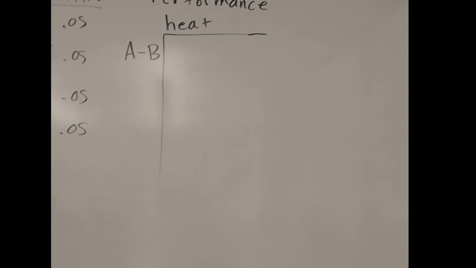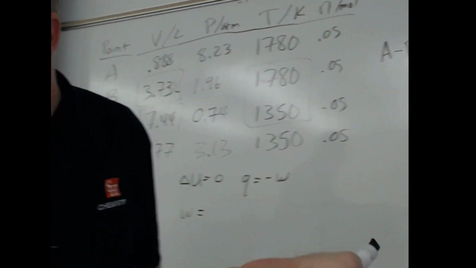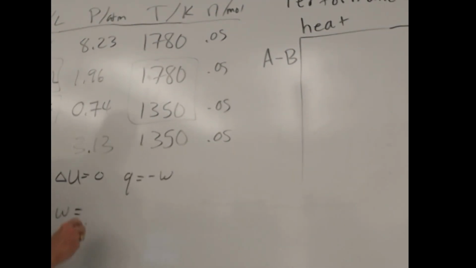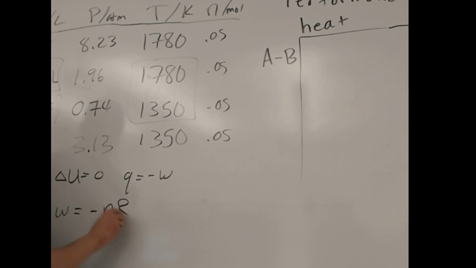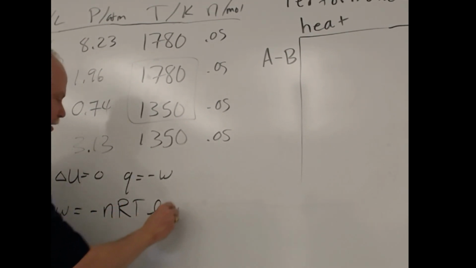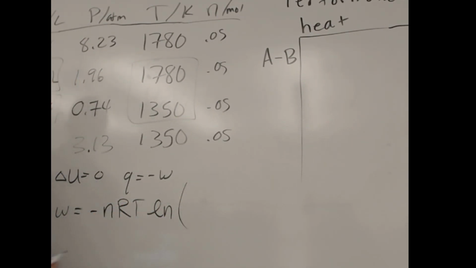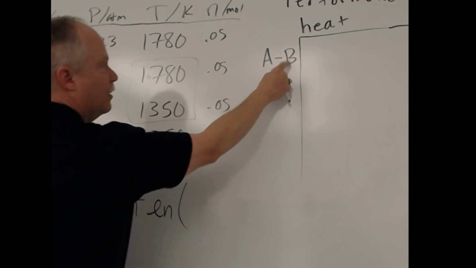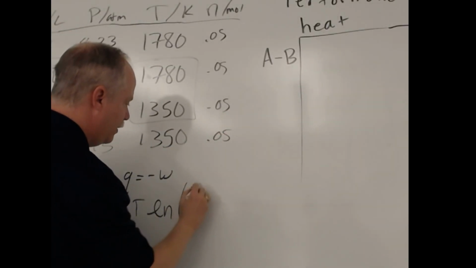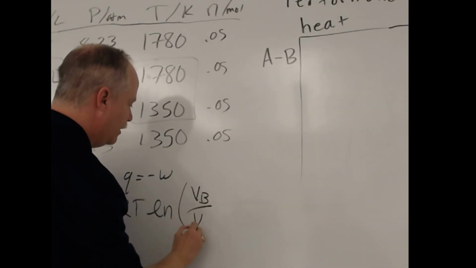So W for an isothermal expansion is equal to negative nRT natural log of V final. So if we're talking about our volumes, it would be VB, because we're going from A to B, so VB over VA.